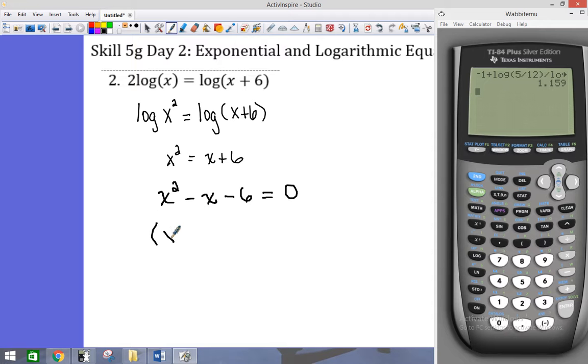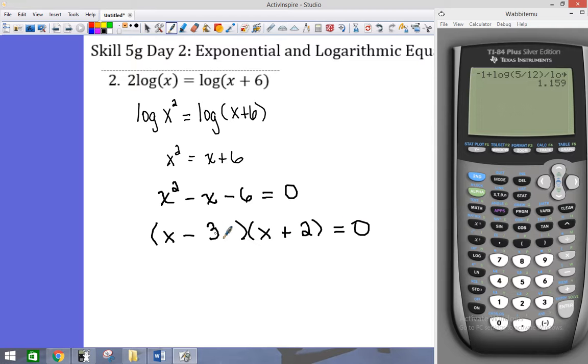So we should be able to see that it does factor pretty easily with a constant term of negative value here and the middle term being negative. I'm going to have one negative value, one positive value, and the larger one in magnitude is going to be negative. With 6, it's such a small number that we've only got 1 and 6 and 2 and 3 to try. So I'm going to have x minus 3 and x plus 2.